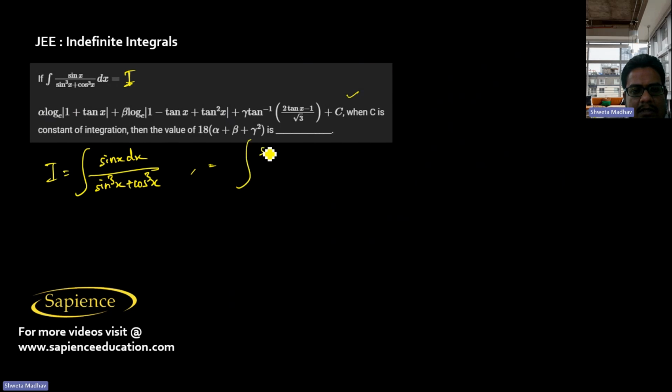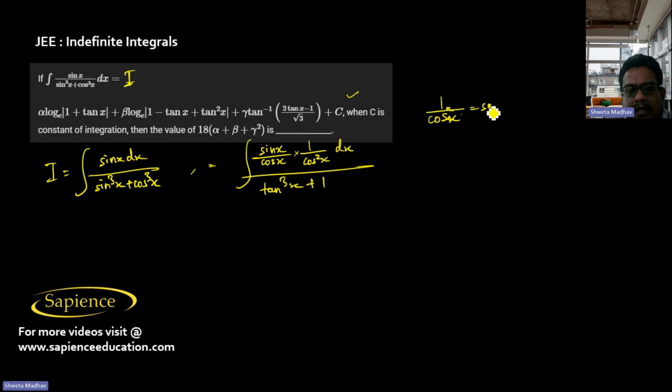Then we'll get integral of sin x by cos x into 1 by cos square x dx by tan cube x plus 1. Since 1 by cos x is equal to sec x, and sin x by cos x is tan x, I can write this as integral tan x into secant square x dx by tan cube x plus 1.